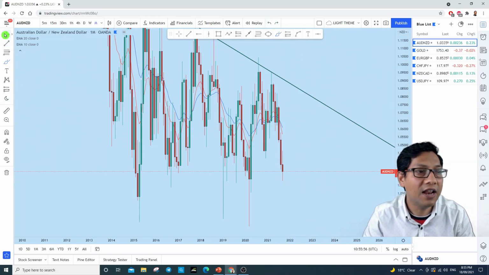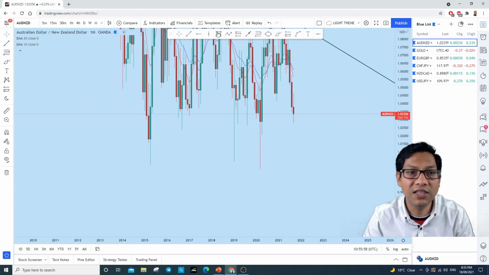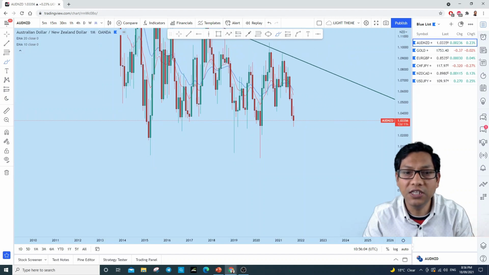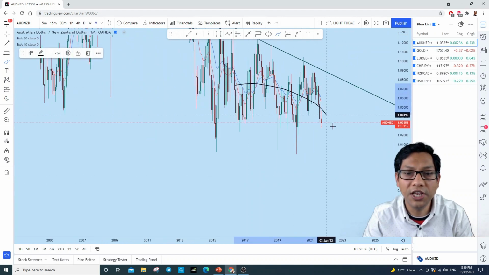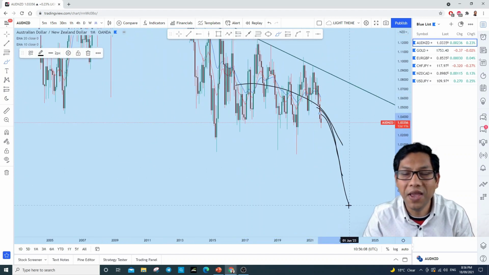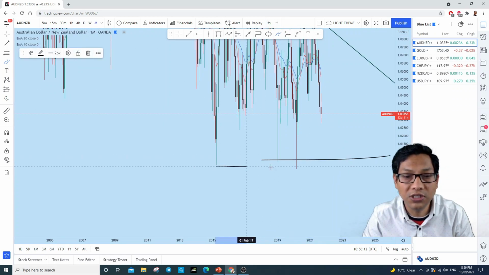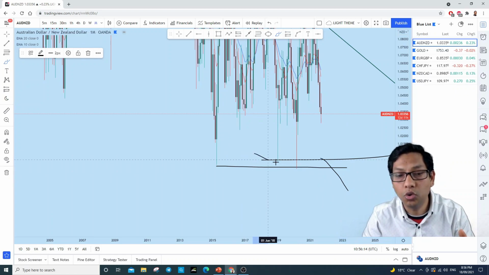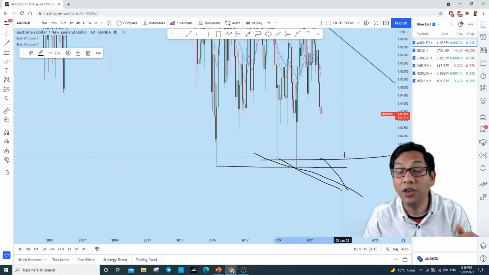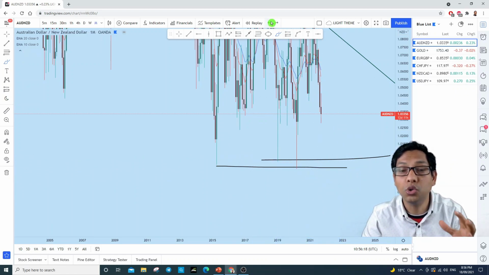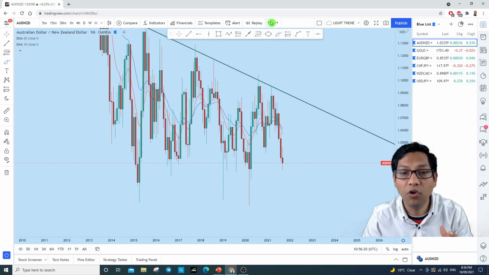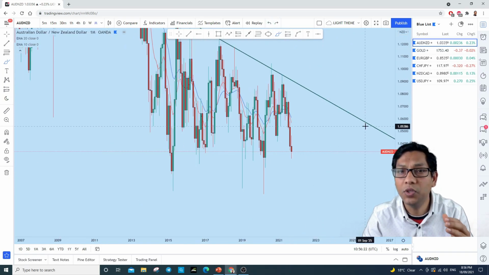In the current month it has also created this red candle, and because it is breaking out of this consolidation, we might see a massive drop to the downside to this level, or even lower than this to create a new lower low. So there is a long way for the AUDNZD to go.